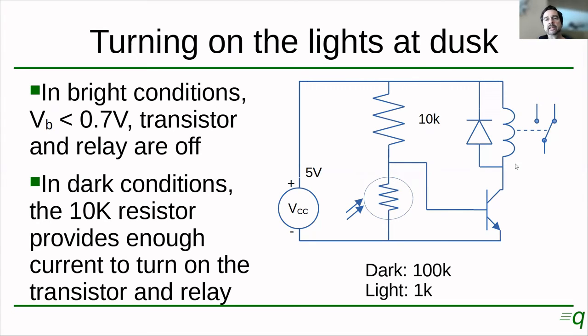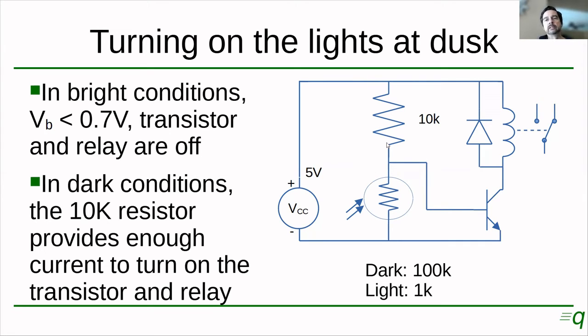Now, when it gets dark and in complete darkness, the resistance of this one, let's assume, is 100 kilo ohms. Now, the voltage divider of the 10 kilo ohm and the 100 kilo ohm resistor is going to put about 4.5 volts here with no connection. Okay.